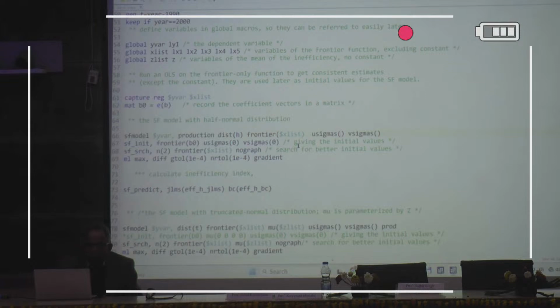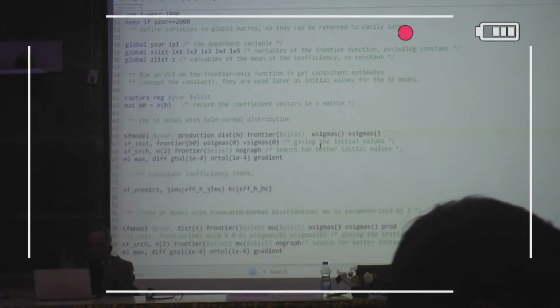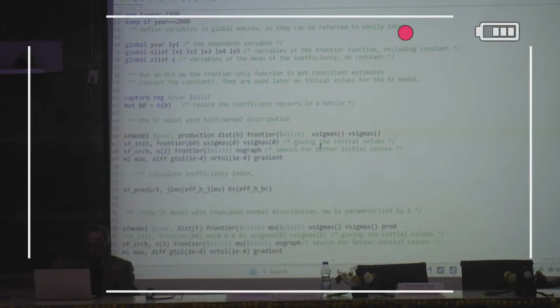But sometimes when it is difficult to get convergence, we start by giving some initial values. So in a nonlinear estimation, okay, you will be better off if you start with some given initial values because the parameters will start from somewhere. In OLS, you don't need an initial value because you have a closed form solution.